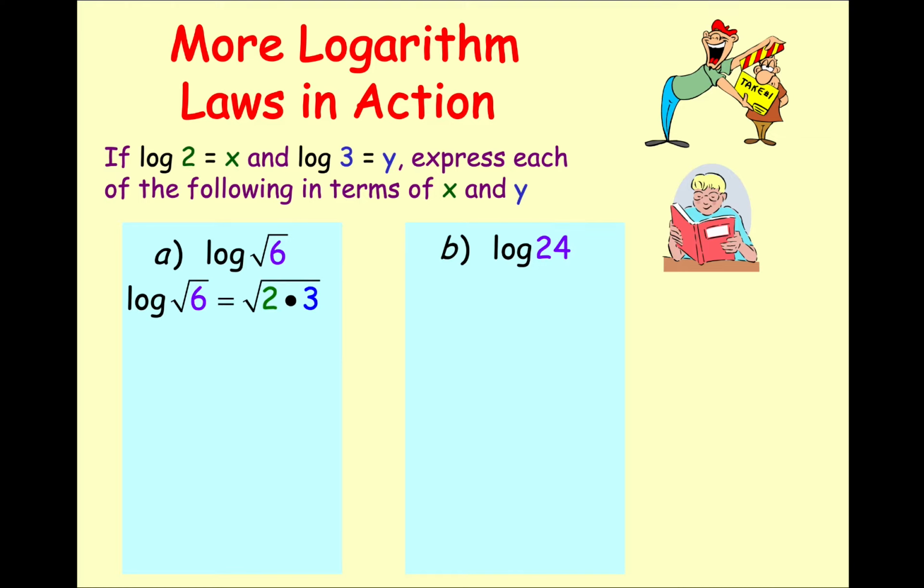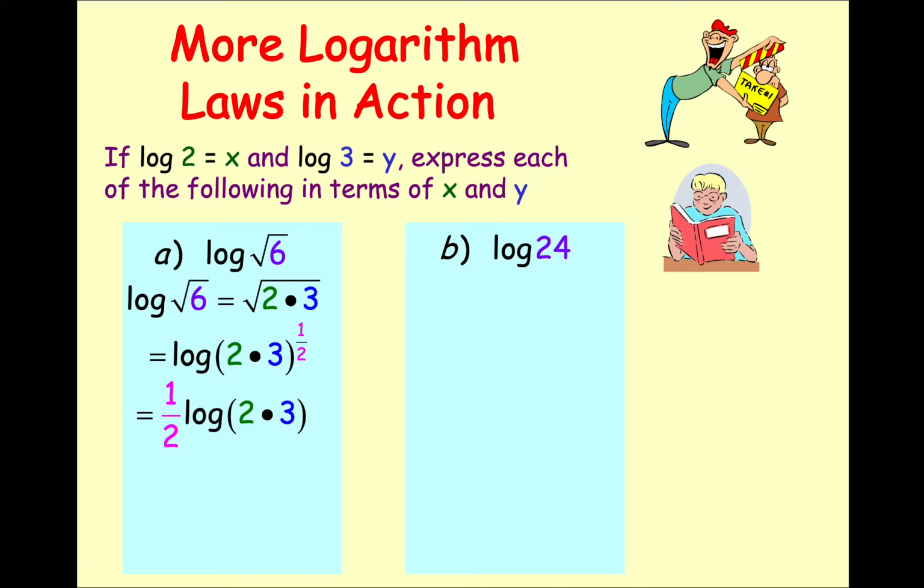Well, log root 6 is the same as log of root 2 times 3. The square root is to the power of a half, so we get a half log of 2 times 3.